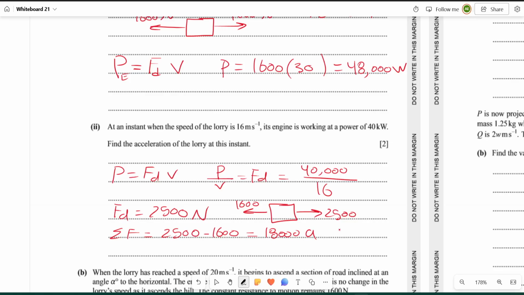Acceleration is A. So I can find A by dividing both sides by 18,000. If I plug in the calculator, 2,500 minus 1,600 over 18,000 gives me an acceleration of 0.05 meters per second squared. This is going to be my answer over here.